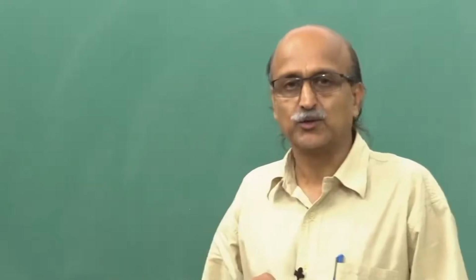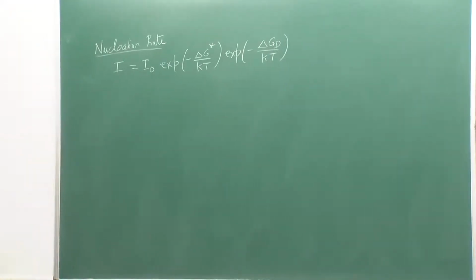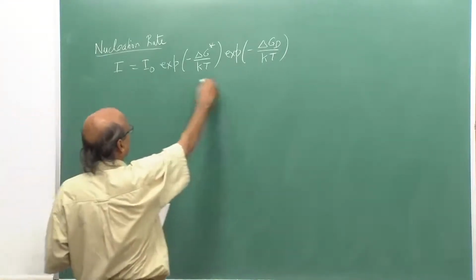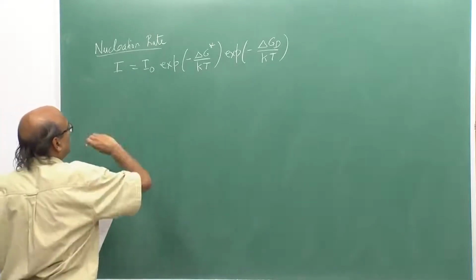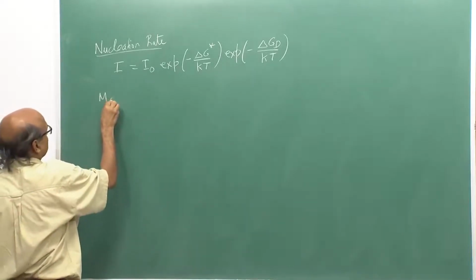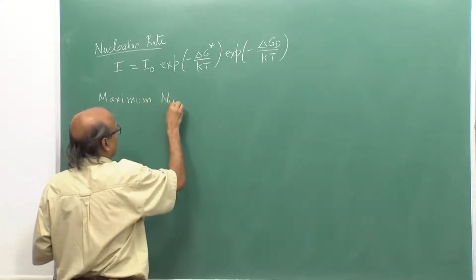So, let us try and look at this problem. We have the nucleation rate already written on the board, and I want to see whether there is a temperature at which I would get maximum nucleation rate.